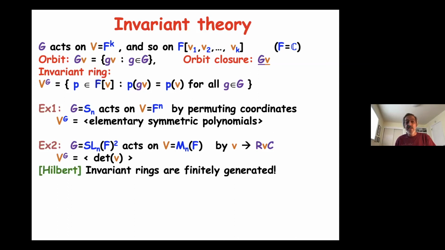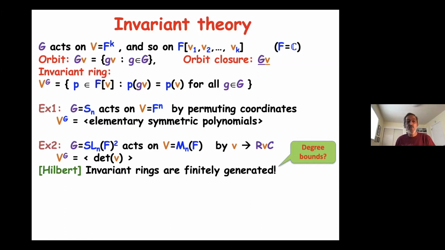And it's a very fundamental result for us and for mathematics that invariant rings, in this general setting, are finitely generated. And in particular, the quantitative question of degree bounds: once you know it's finitely generated, then, well, in what degree?